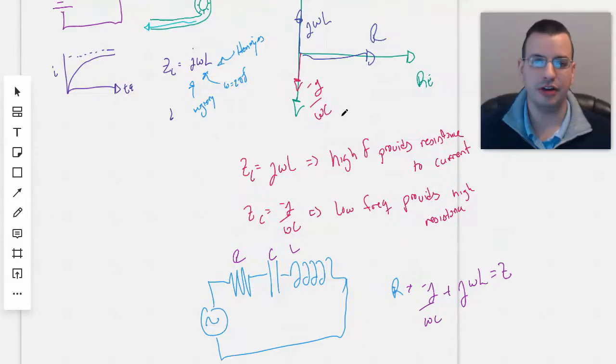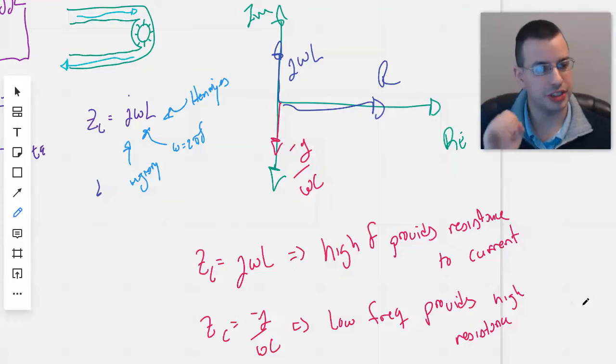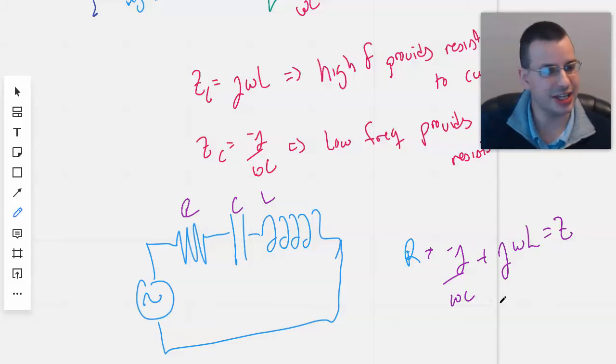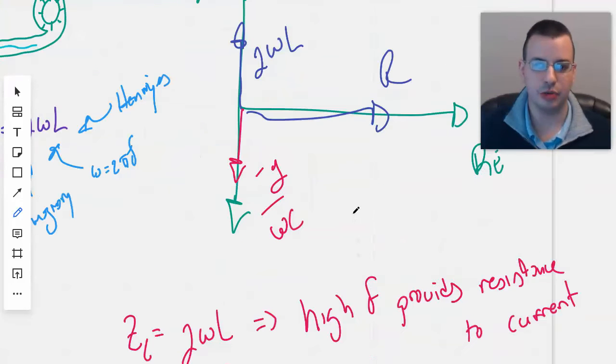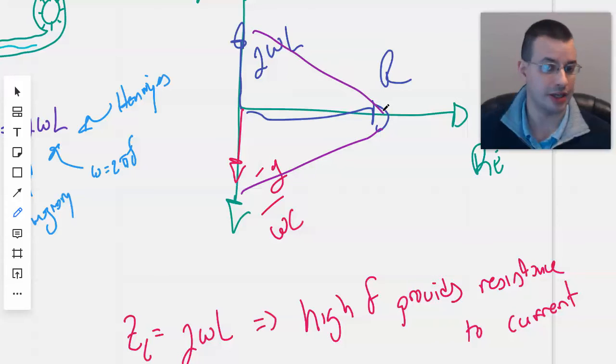Well, if you look at this from a vector point of view up here, you're like, okay, this inductor and this capacitor can be set up so that these cancel out and all you're left with is the resistance. Because if you look at here, we're looking for the hypotenuse, like this, or like that.